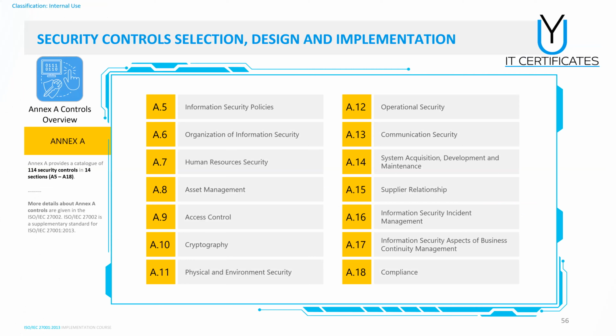The Annex A consists of 14 sections, starting from A5. We have the information security policy, and organization of information security.